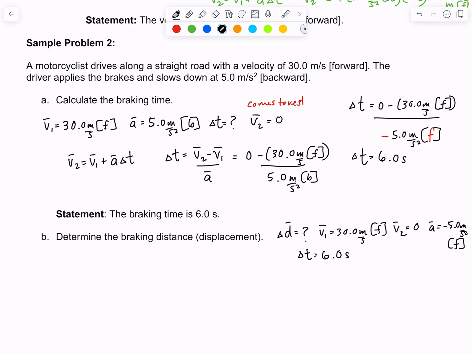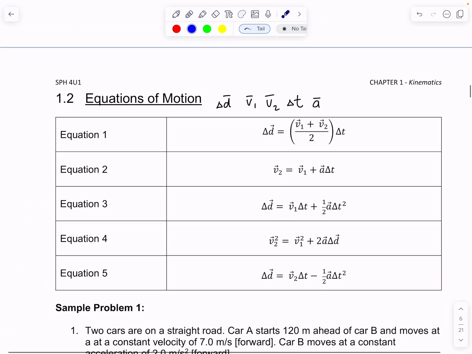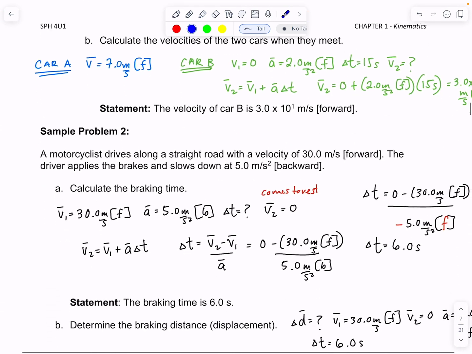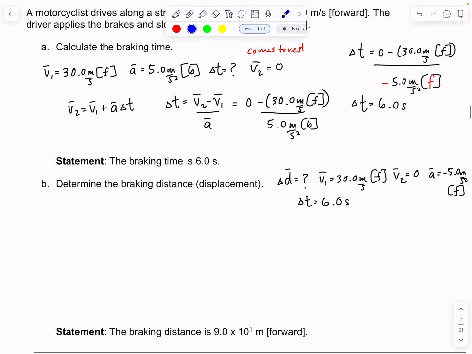We essentially have every single variable possible. So we can use many different equations to solve this answer. Any ones that include what is given and what is required.